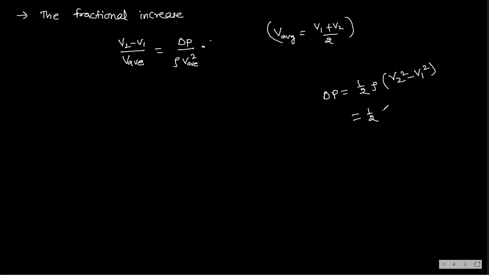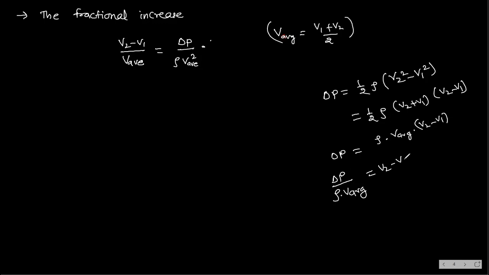So I am writing here 1 by 2 rho V2 plus V1 into V2 minus V1. That is rho into V average into V2 minus V1, and that is this delta P. So delta P by rho into V average is equal to V2 minus V1.